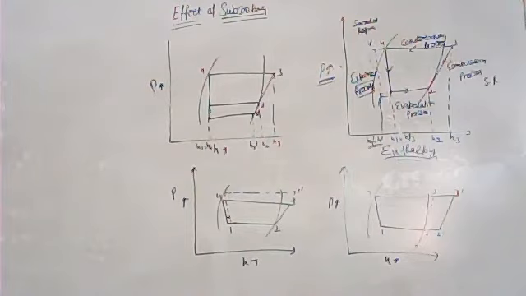From that diagram, what will the process 3 to 4 represent? Actual vapor compression. See from there. So what does process 3, 4 represent?